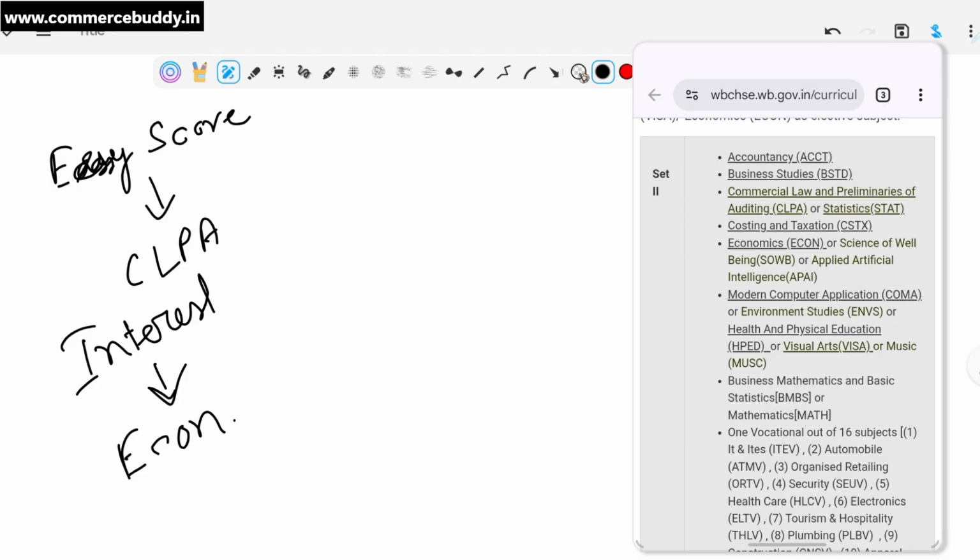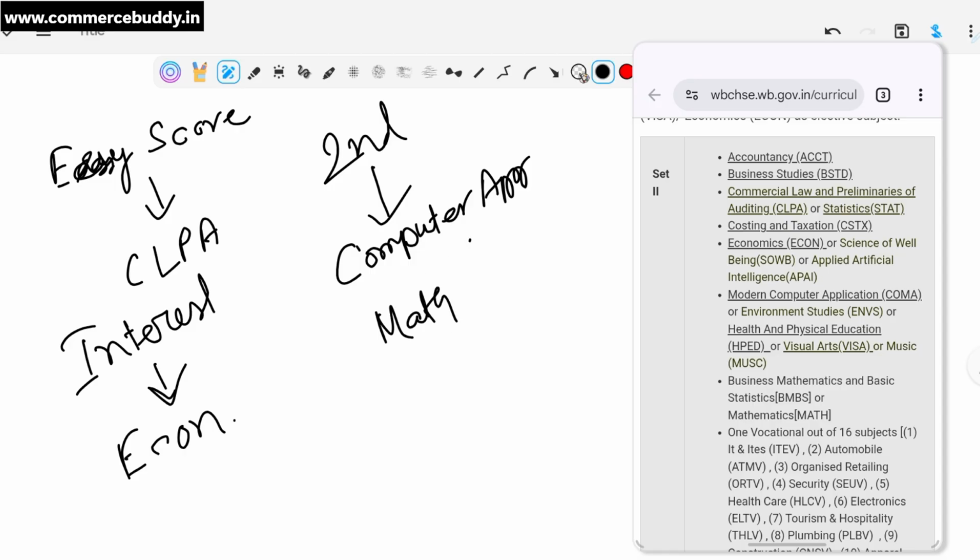Okay, now if you want to keep a second option open, go for computer application. Okay, now if you want to keep the maths on, go ahead and select the maths.